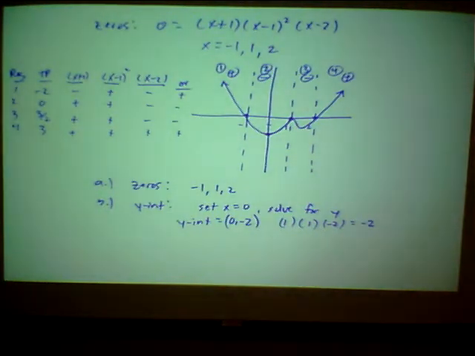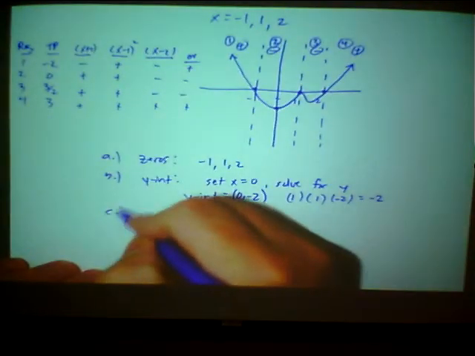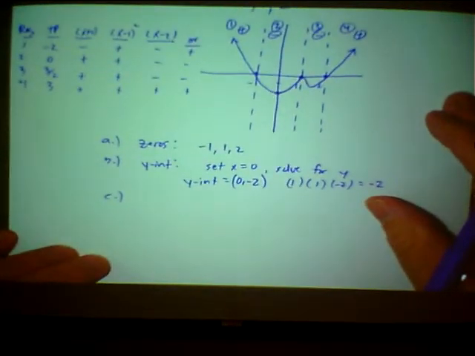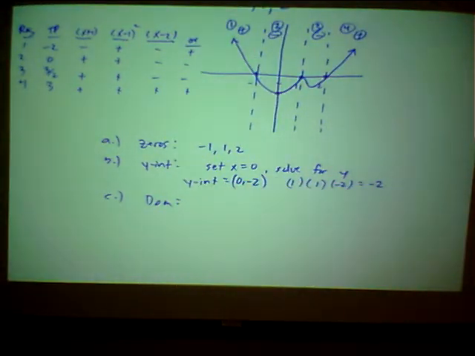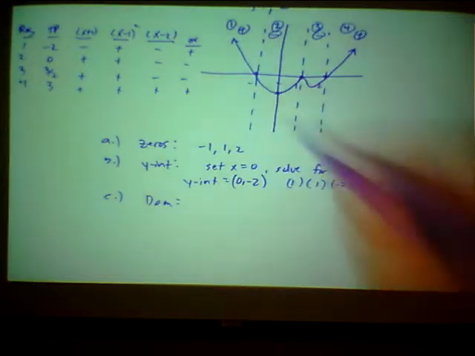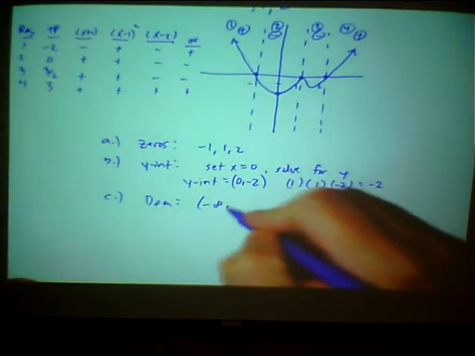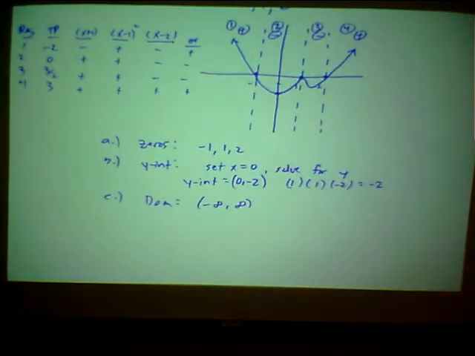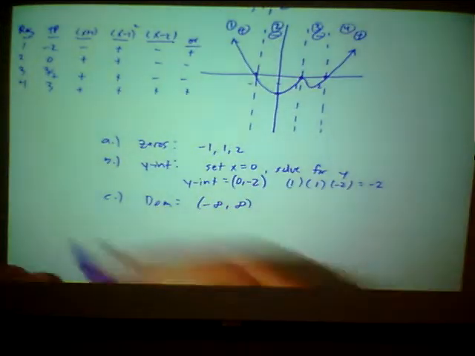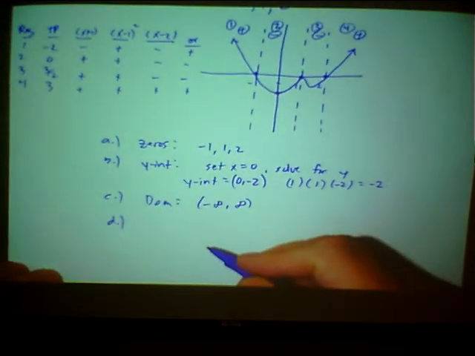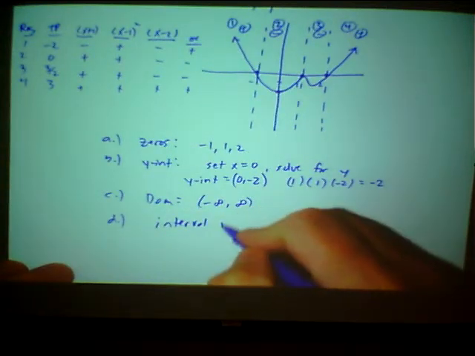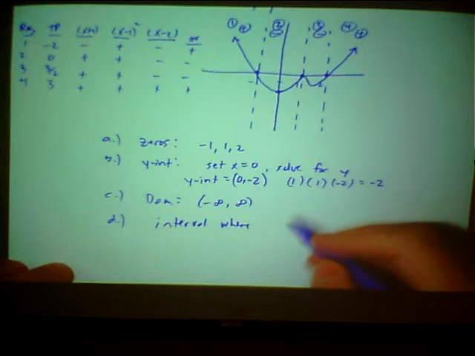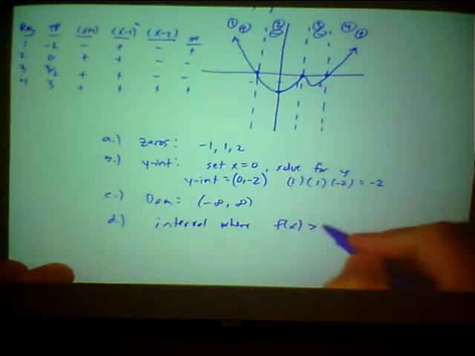And then they say, find the domain. Well, if I look at the graph, the domain is pretty easy to see, right? Domain is what's the smallest value of x to the largest value of x. Well, in this case, pretty straightforward. And then the next part, they ask you the interval where f of x is greater than 0.